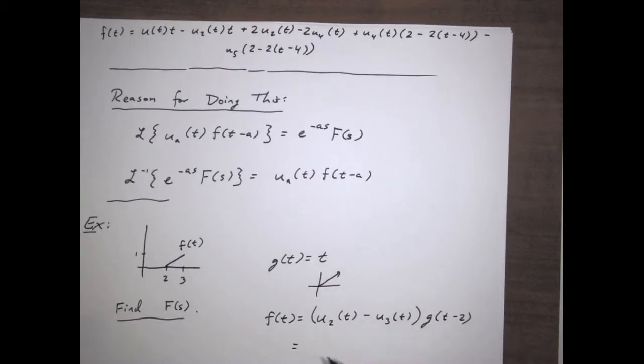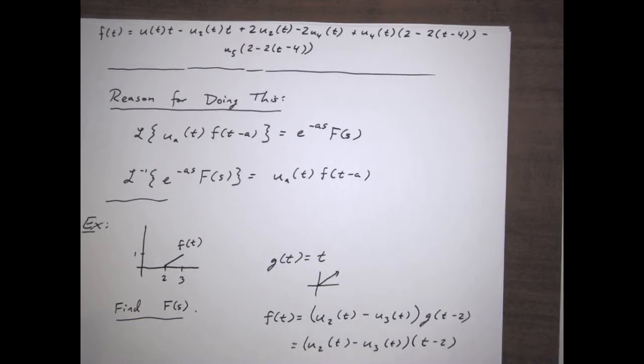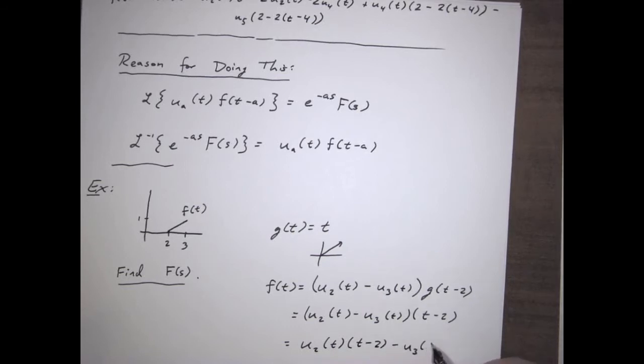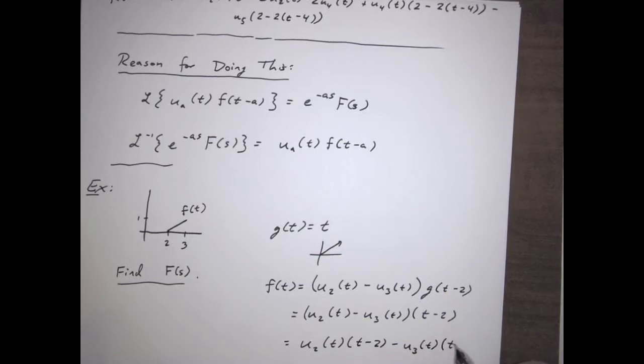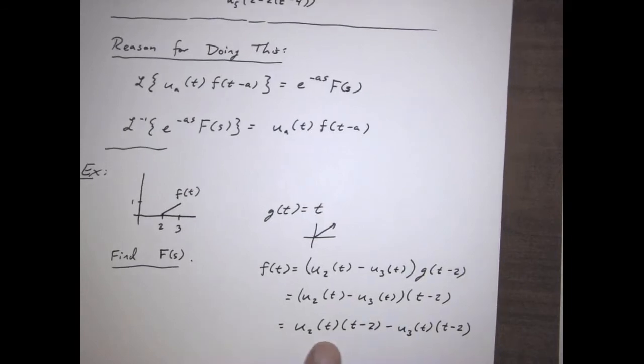So here, what that's going to mean is u2 of t minus u3 of t times just t minus 2, which is going to equal u2 of t times t minus 2 minus u3 of t times t minus 2, which this part is actually in good shape for this formula up here.